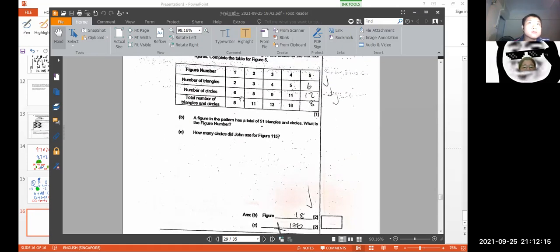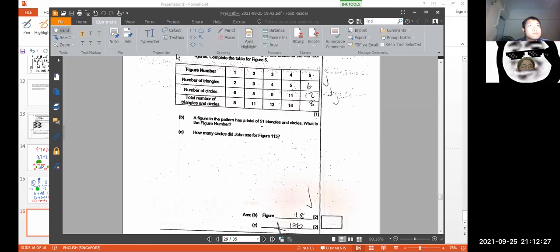Number of circles. Number of circles is 2, 1, 2, 1. Yeah. Can you show me? Number of circles is 2, 1, 2, 1. It's a very good practice. Can you see? Do you agree or not? It's a very good practice. 2, 1, 2, 1.